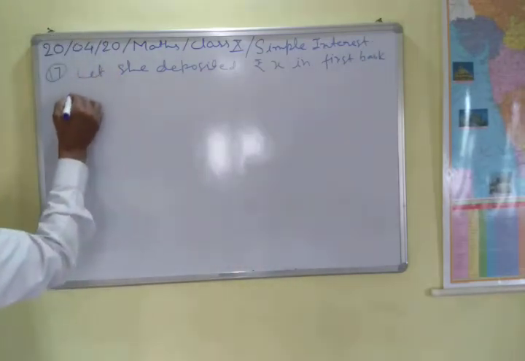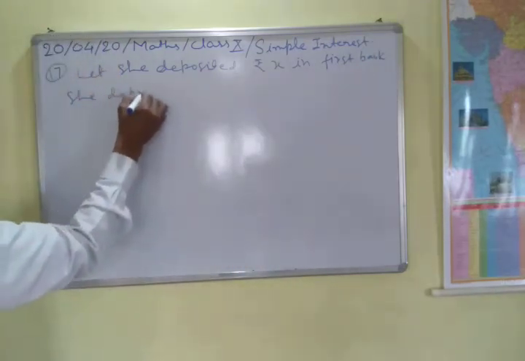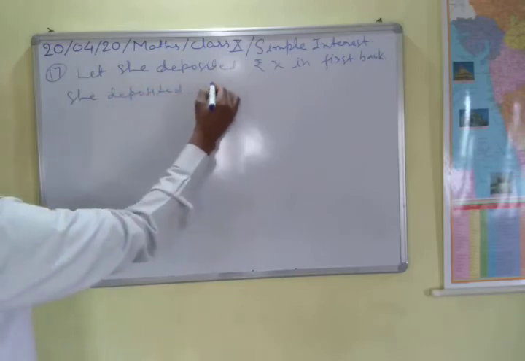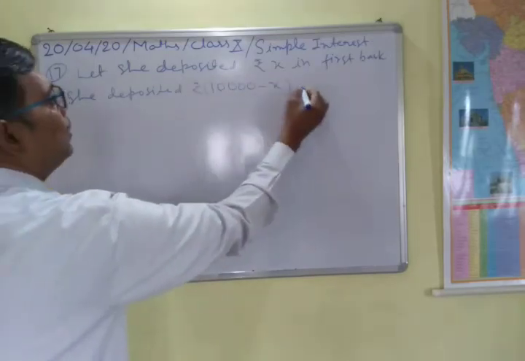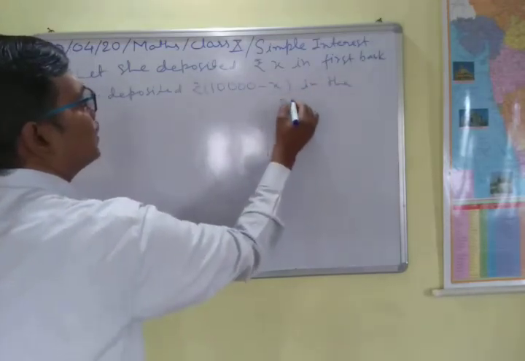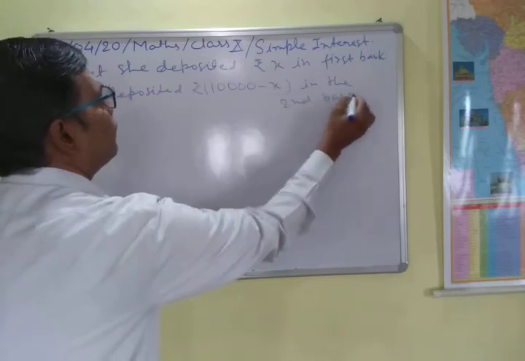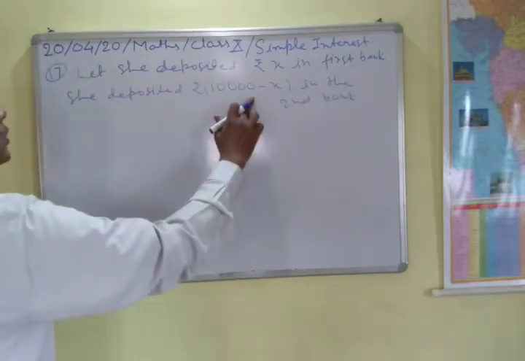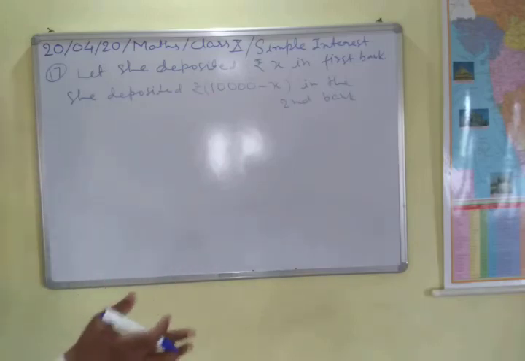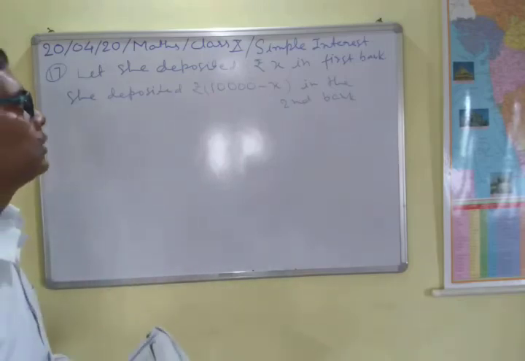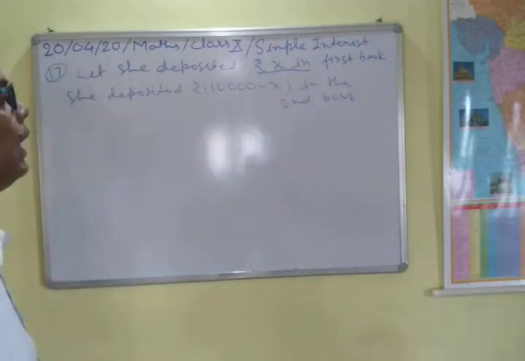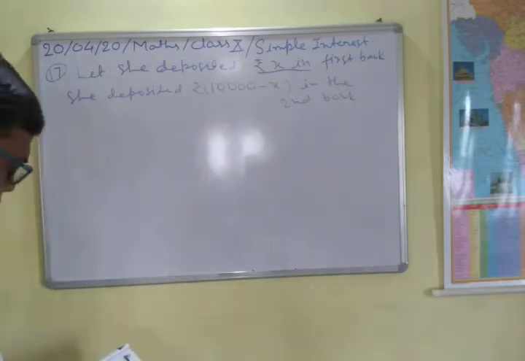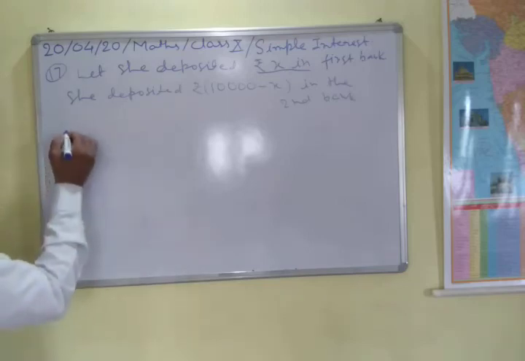So she deposited 10,000 minus X rupees in the second bank, because the total money she deposited is 10,000 rupees. So some part is deposited in the first bank and some part in the second bank. So in the first bank, we suppose that X rupees is deposited, and in the second bank it will be 10,000 minus X.